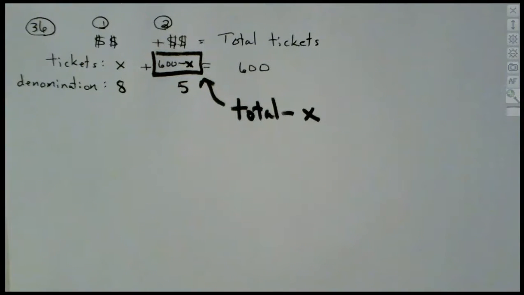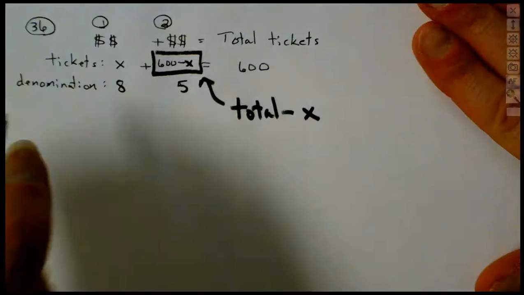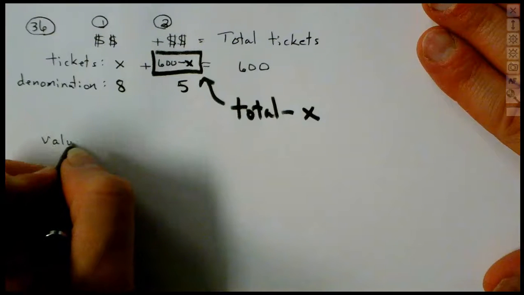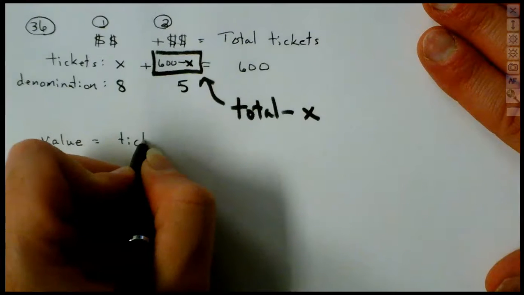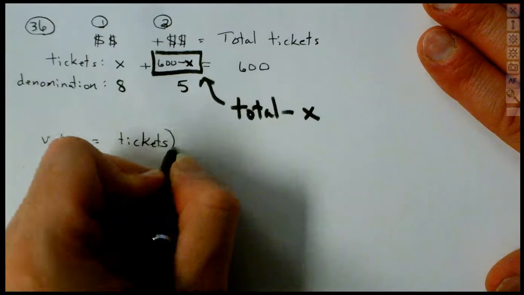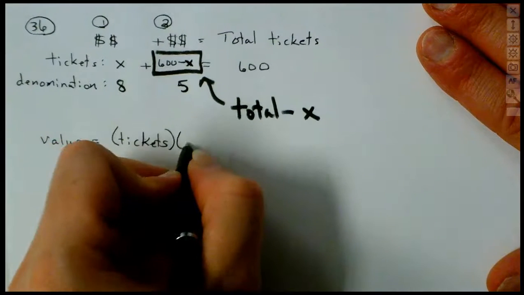Now we're going to look at the value of the tickets. And the value is going to be the number of tickets times the denomination.